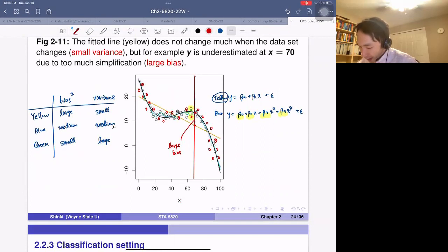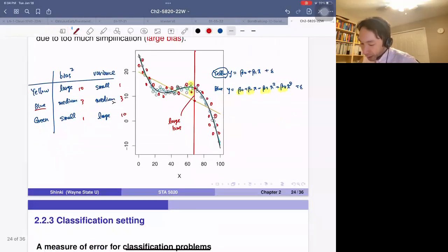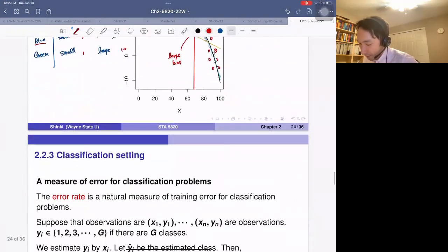But possibly the yellow one has very large bias, the green one smaller bias, and the blue one moderate, and this is the other way. That's possible, so that the blue one is most accurate. But at least if we compare just squared bias and the variance, certainly the yellow one has the largest squared bias and the smallest variance.